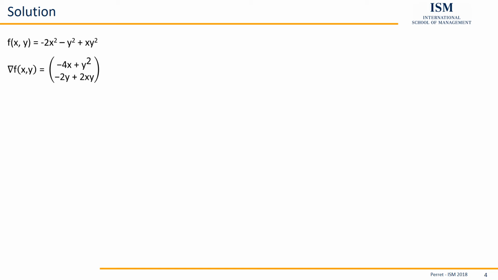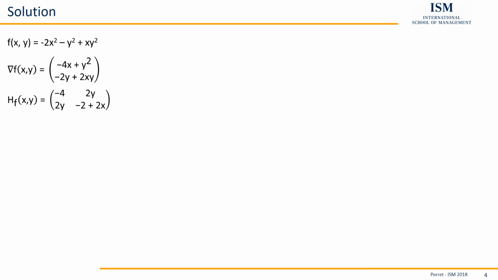If we take the derivatives for x, this would read minus 4, and then in the second row, plus 2y. If we work through this for the second column with y, we get 2y and then minus 2 plus 2x. So that's what our Hesse matrix would look like.